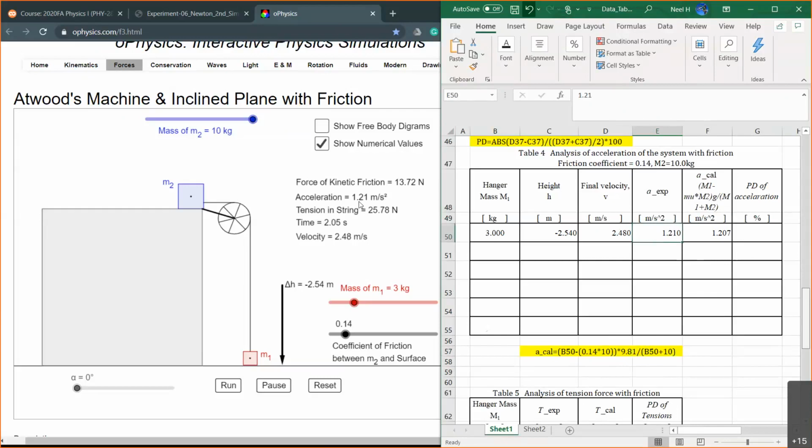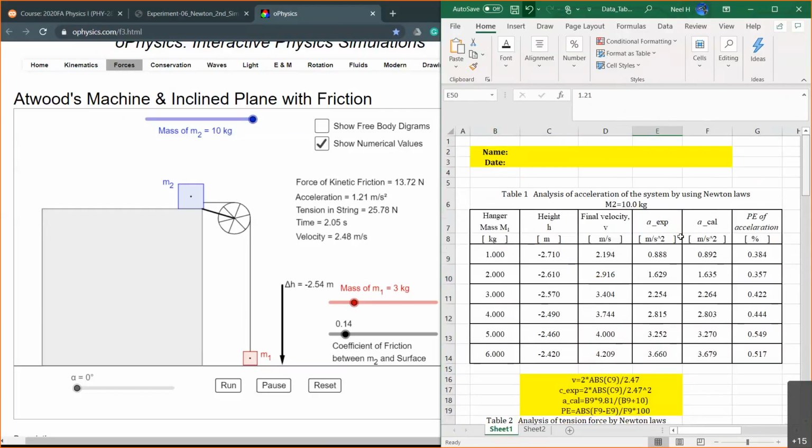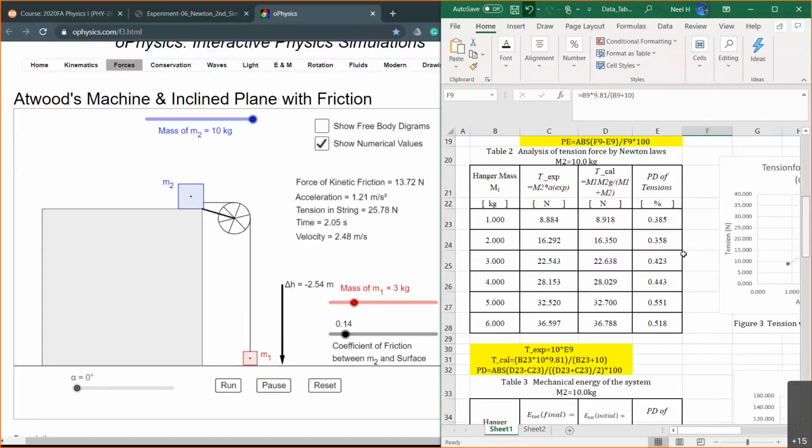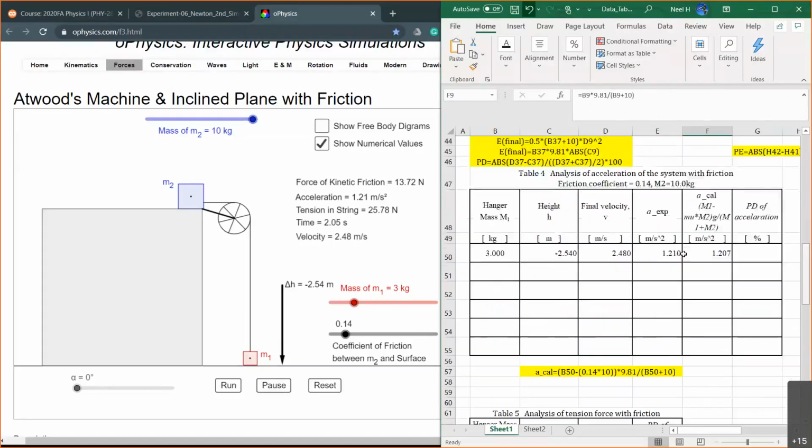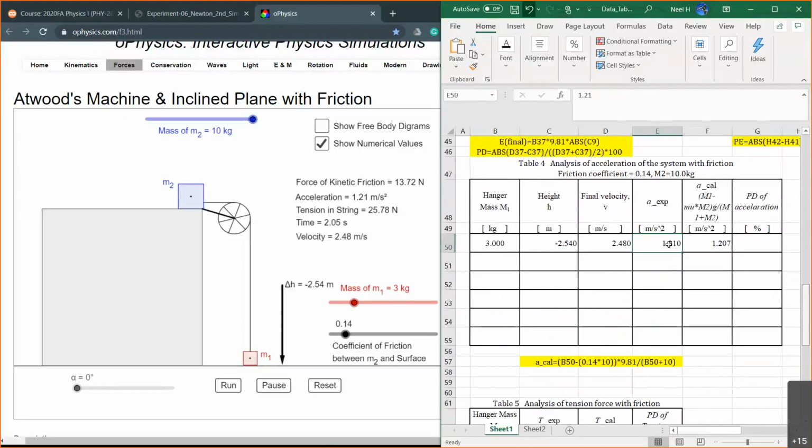We just directly use the number here. If you want to use the equation that we did earlier, it is in the previous table, table number 1. Okay. Any other question? Okay, then let's continue.